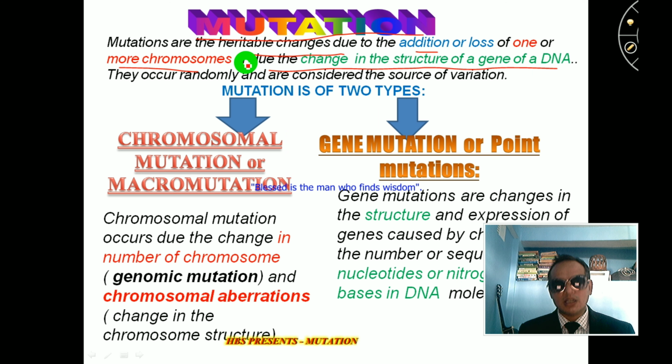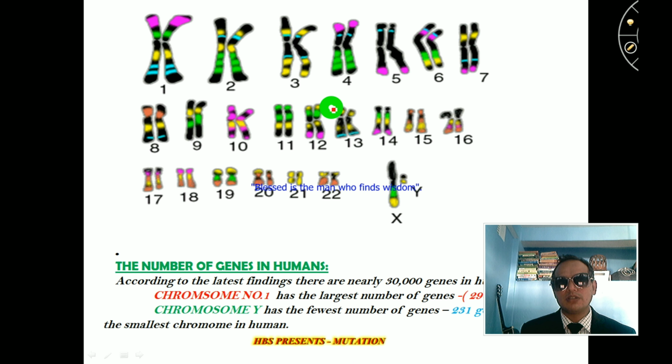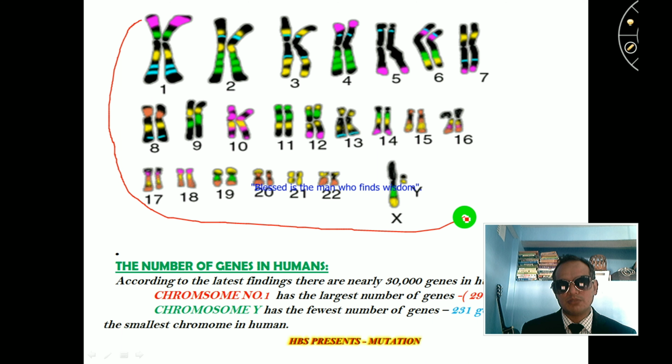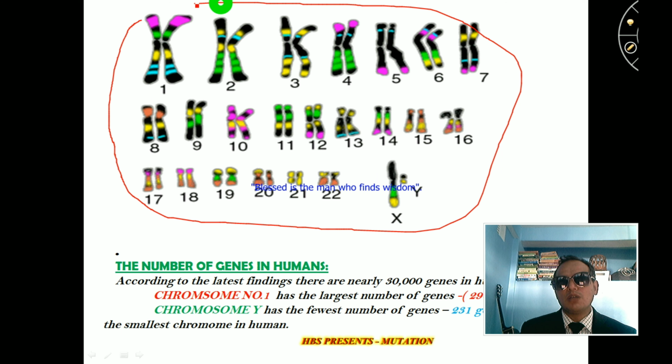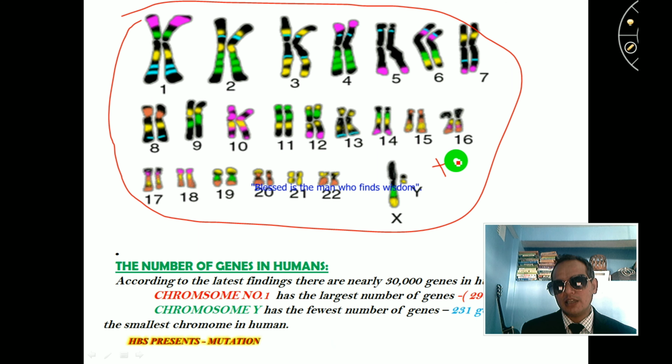Okay. Now, in order to understand this, let me take you to every living organism. Look at here. Human beings. This is the total set of chromosomes in the diploid cells. We are supposed to have 46 chromosomes. Now, if there is an extra chromosome in the 46, it also causes mutation.